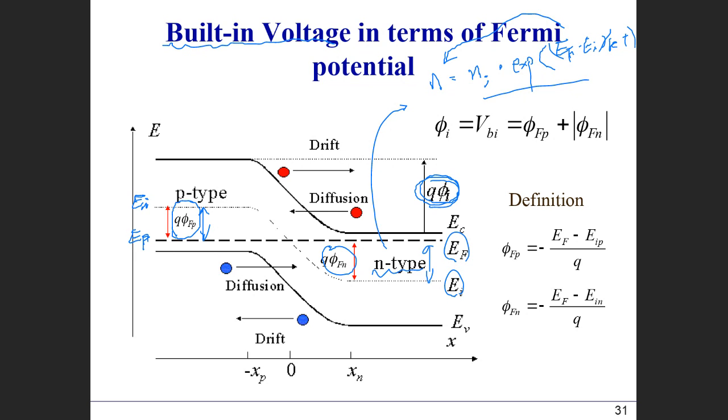In other words, this VBI we can calculate from the potential difference between the EI and EF in the P side, plus the potential difference between the EF and the EI in the N side, and then add them together. That gives us this VBI. Okay.